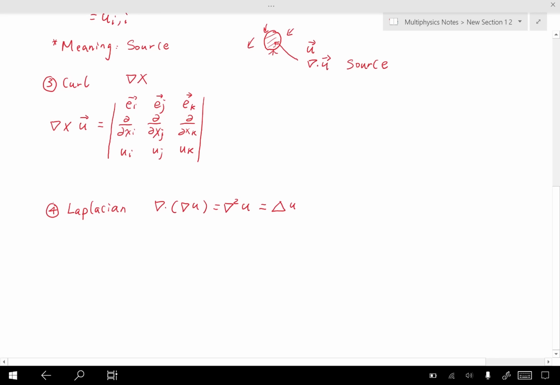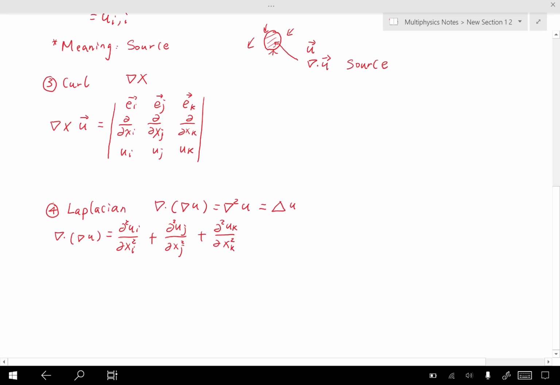You can try to derive it yourself to find out the definition of it. If you first get the gradient of u, and then you do the divergence, you will find this will give us something like this. So could you guys try it yourself to see if you can get this?